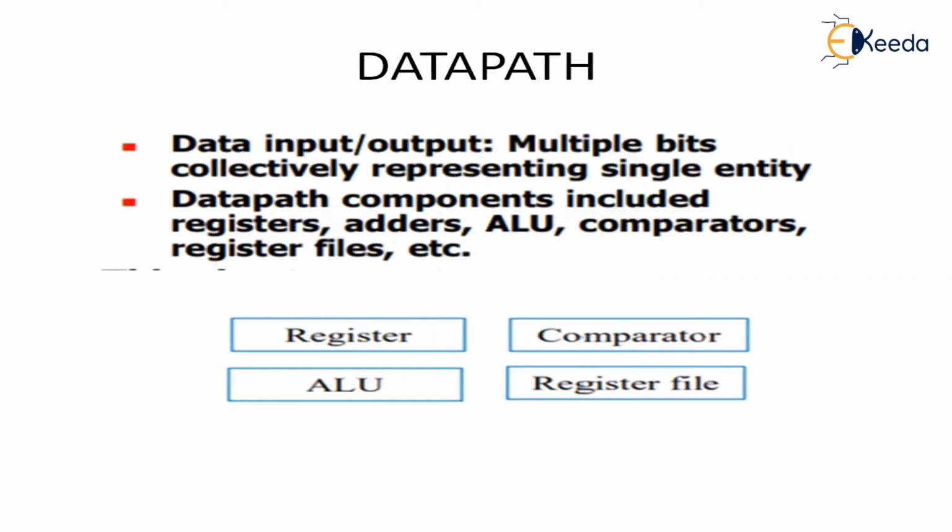And then the next word that we must remember in this unit is data path. We will have data input and output, and this is multiple bits which are collectively representing a single entity. So in the data path, we'll have multiple bits, not a single bit, mind that. And what are the data path components that we have seen? We have seen so far many data path components: registers, adders, ALUs, comparators, register files, etc. will be there in your data path components.